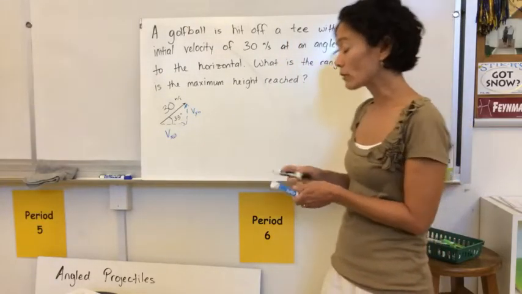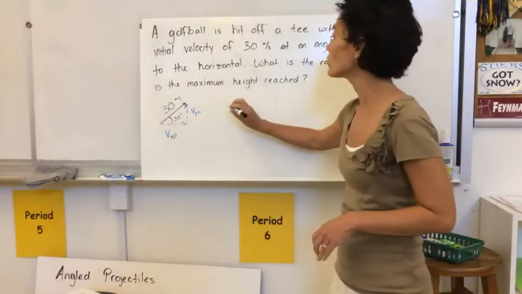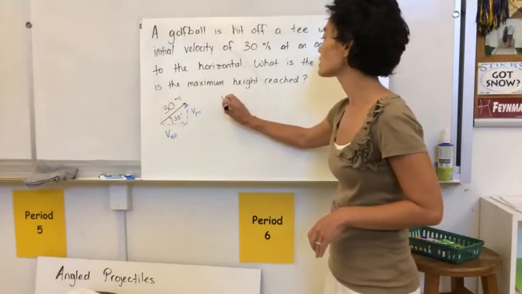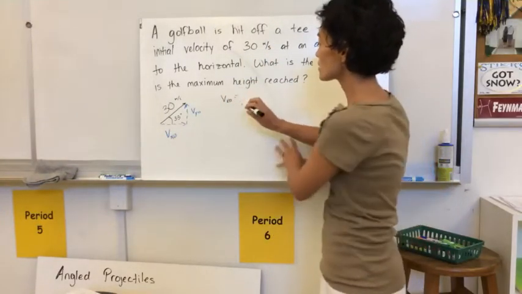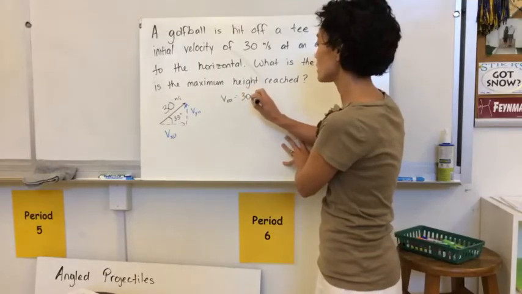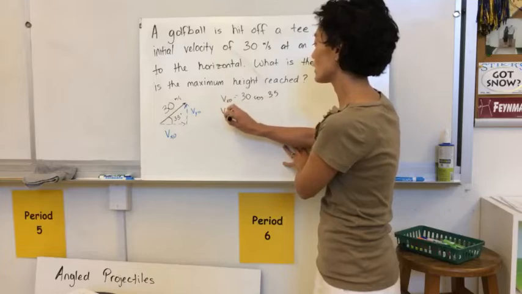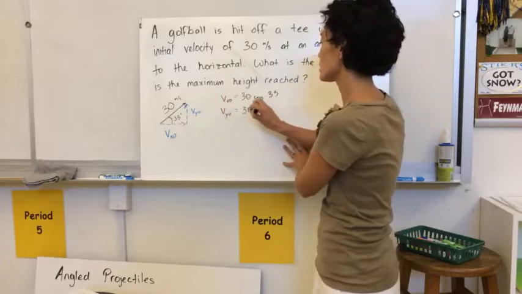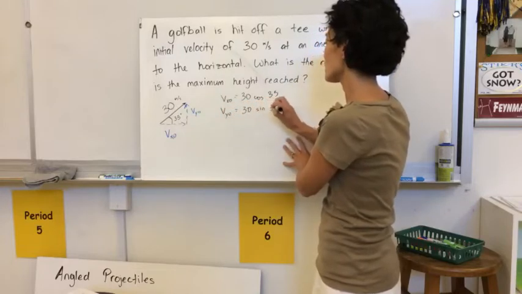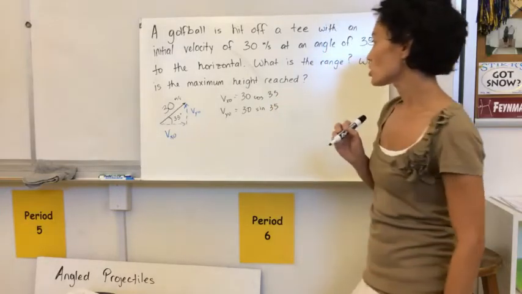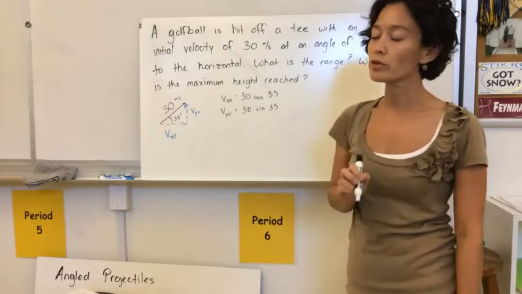By now we've done enough SOHCAHTOA that we should know that for the Vx naught, we're going to use the cosine. So it's going to be 30 cosine of 35, and the Vy naught is going to be 30 sine of 35. I'll let you take a moment and calculate out what those values are.